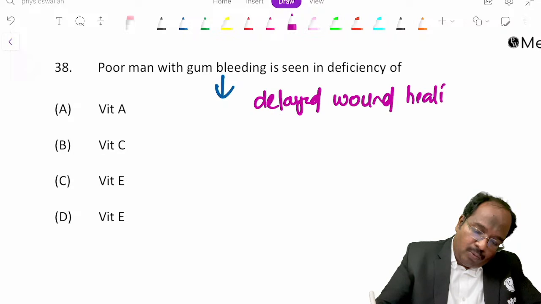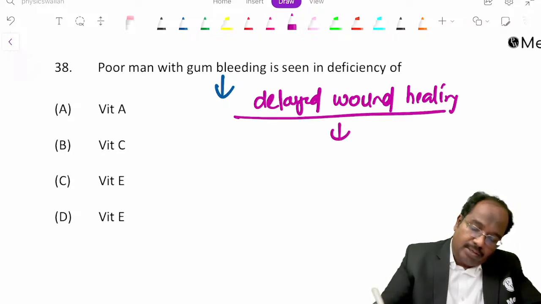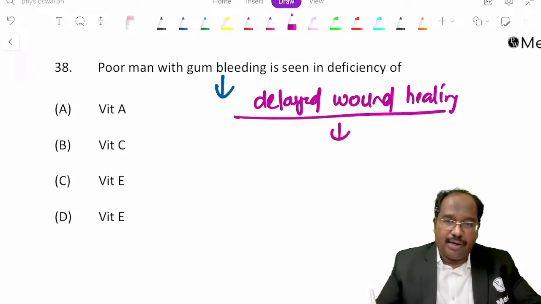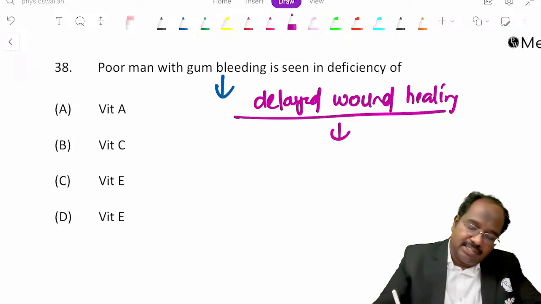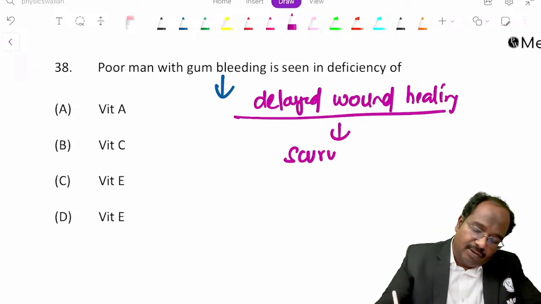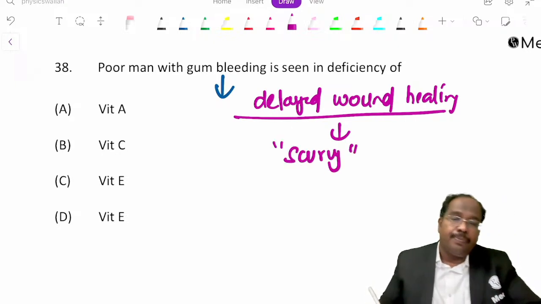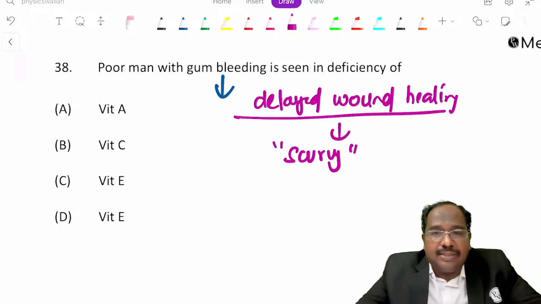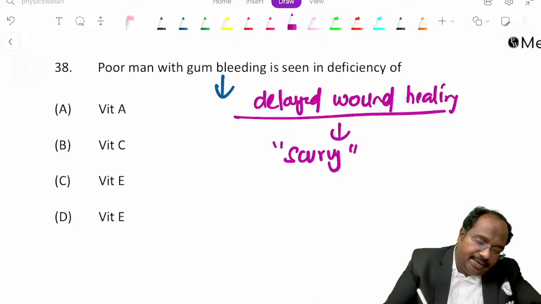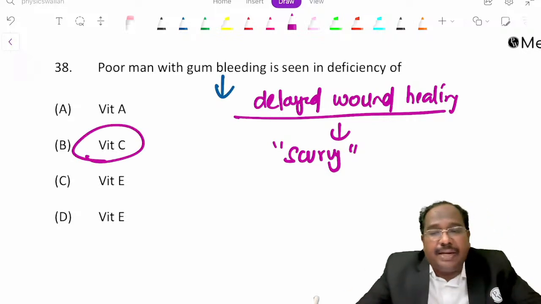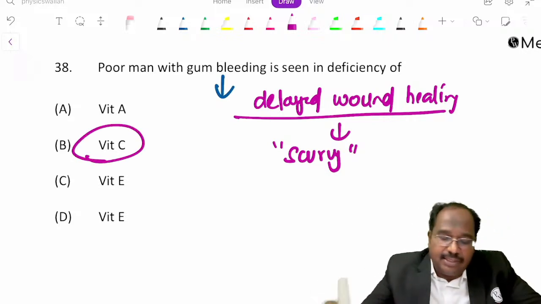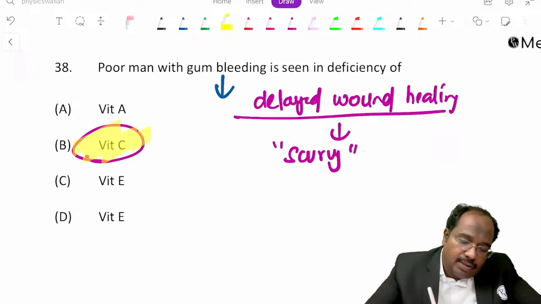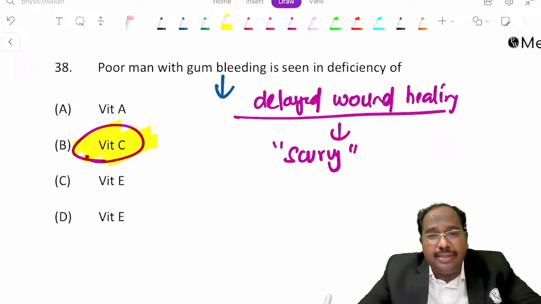Yes, this is scurvy, guys. Scurvy is because of vitamin C deficiency. Delayed wound healing and bleeding gums will be there.